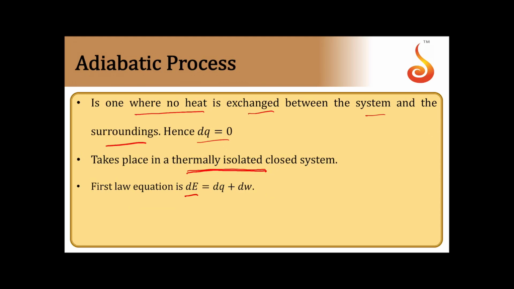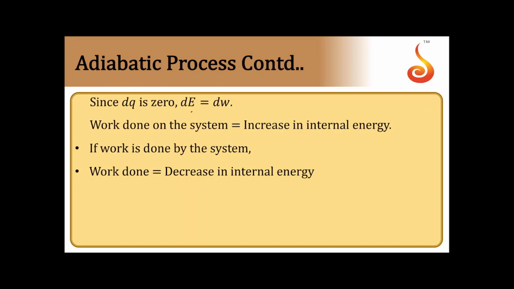From the first law, dE is equal to dq plus dw, and applying adiabatic conditions, dq is equal to 0. That implies dE must be equal to dw. That is, work is done at the expense of its energy.